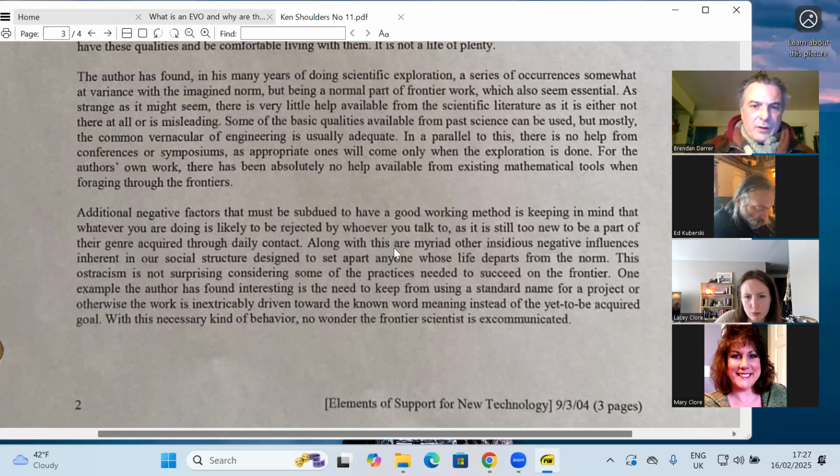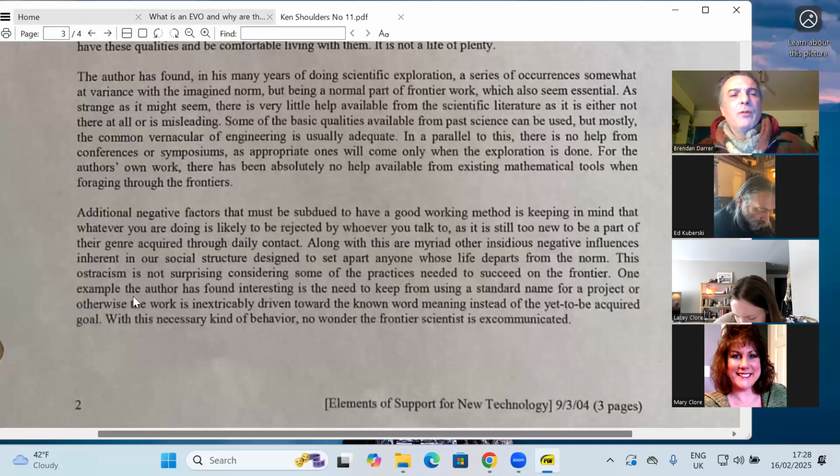Along with this are myriad other insidious negative influences inherent in our social structure, designed to set apart anyone whose life departs from the norm. This ostracism is not surprising considering some of the practices needed to succeed on the frontier.